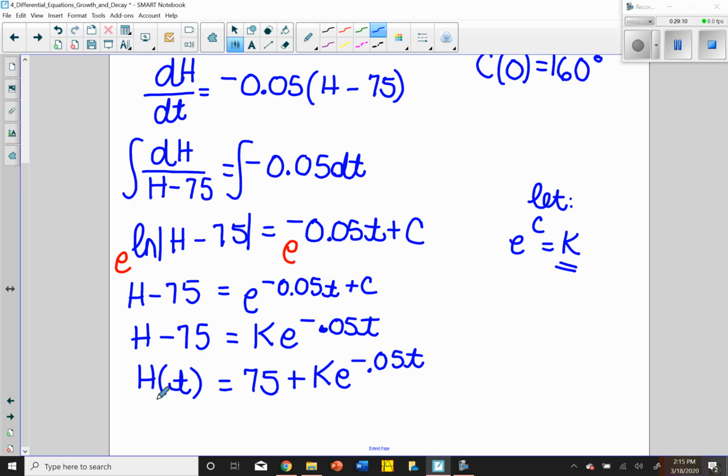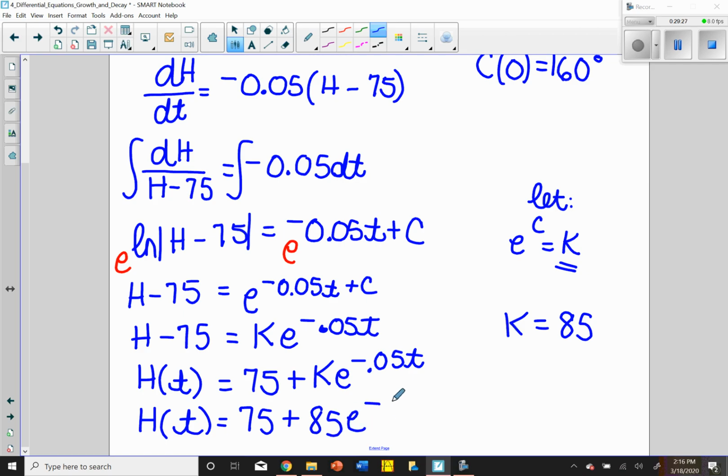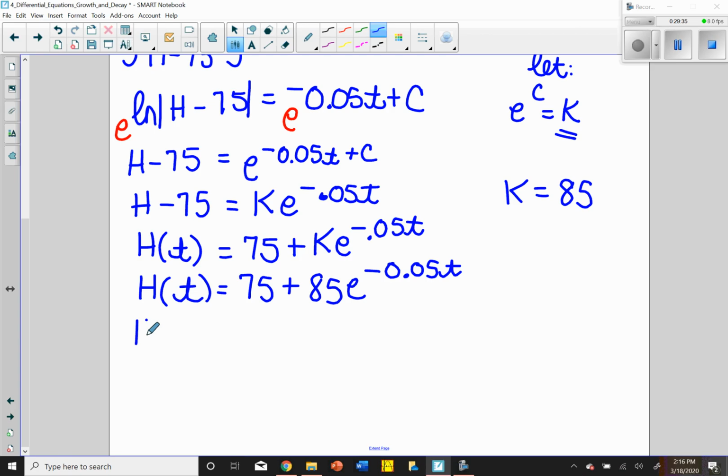When t is 0, that's going to be k is 85, if I calculated that correctly. So we got 75 plus 85 e to the negative 0.05 t. And we want to know what that temperature is after 10 minutes later.